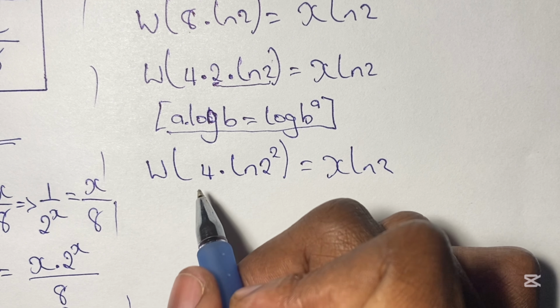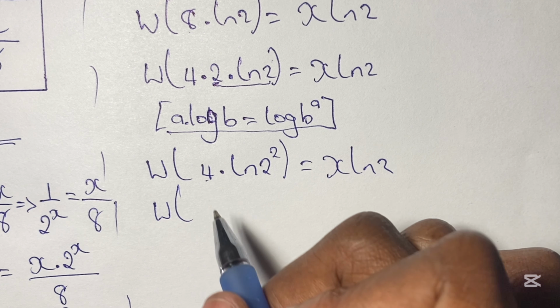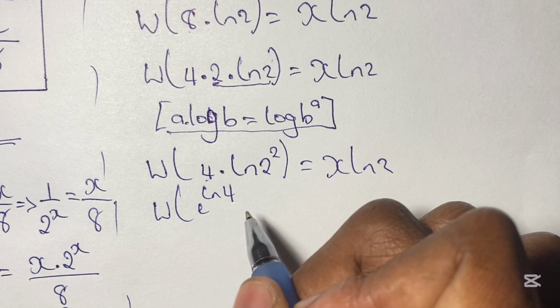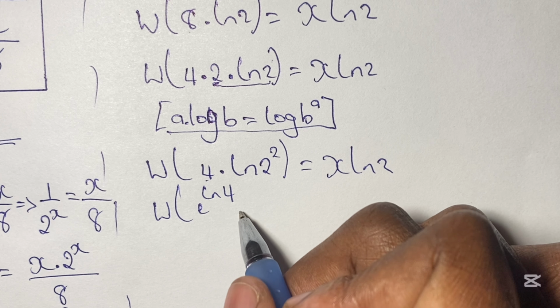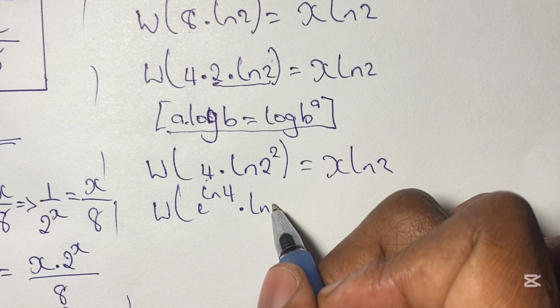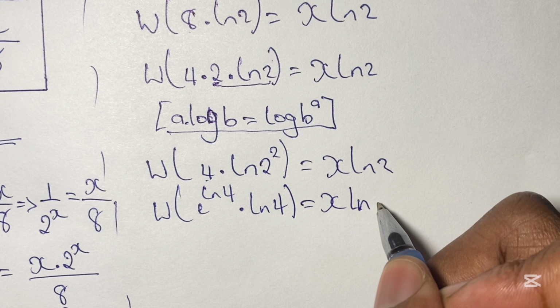So we start by having W of, and we're going to take this 4. Now this 4, we're going to write in the form of e. Just like what we did with the 2, we have this as e to the power of ln 4. And we're going to have this times ln 2 to the power of 2, which is just going to be ln 4. And of course this is equal to x ln 2.